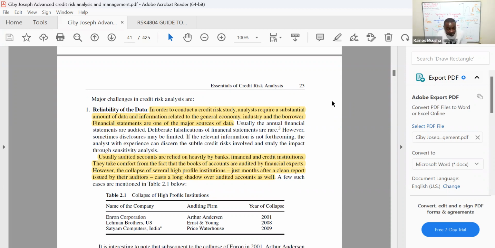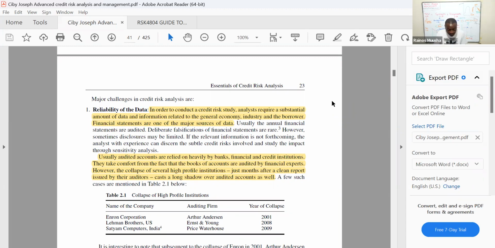Even if it's audited, you have to take it with a pinch of salt, acknowledging that there is a small probability that not everything is as true as it is deemed to be.